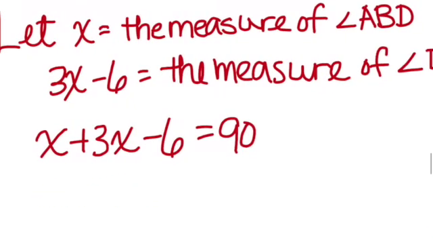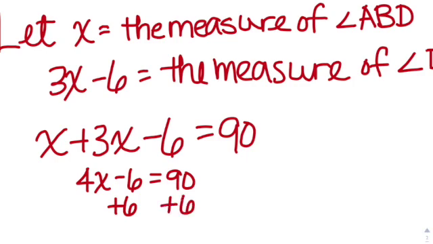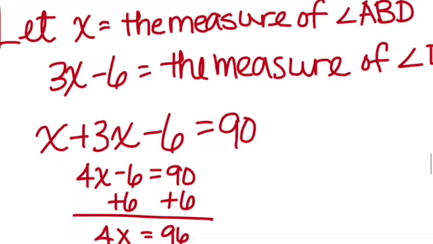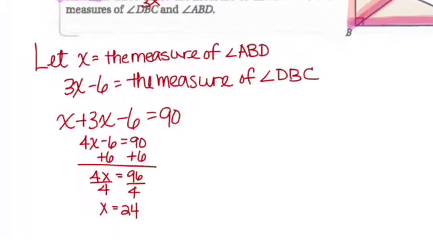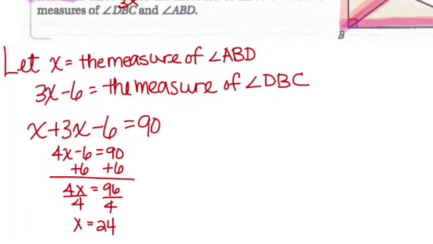If you combine them, that's going to be 4x minus 6 equals 90. Plus 6 on both sides. That's going to be 4x equals 96. And divide by 4 on both sides. Your x is going to be 24. That means the measurement of angle ABD is 24 degrees.